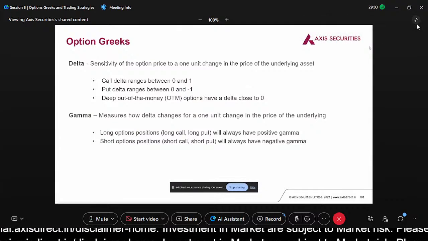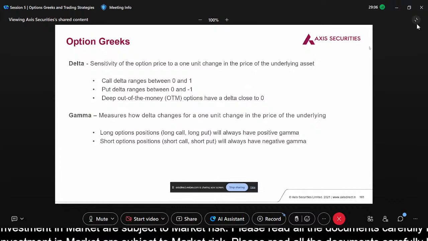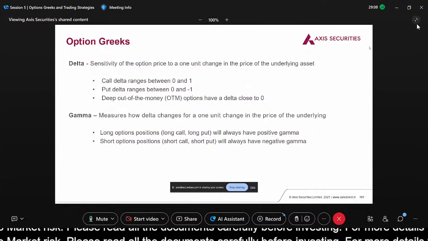Bang on. So basically what we understand is what happens in real life, correct?